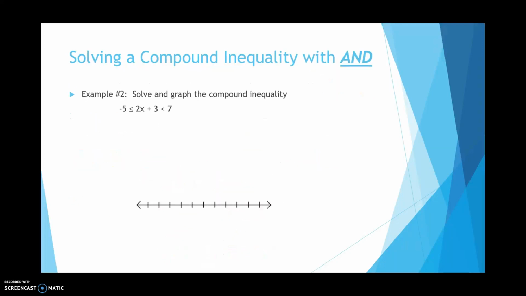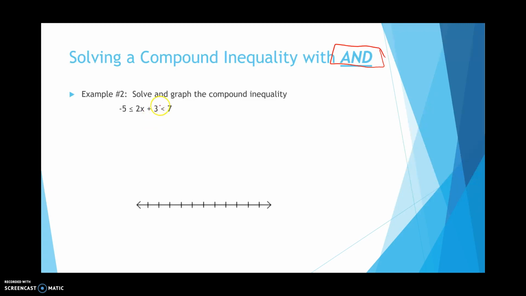Here we have an example working with the compound inequality with the statement "and." What they want us to do here is solve this inequality and then graph it. You'll notice it's an "and" situation because it comes together here. So we have -5 is less than or equal to 2x plus 3, which is less than 7.